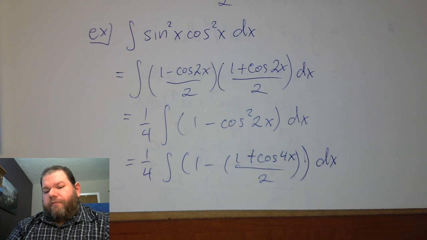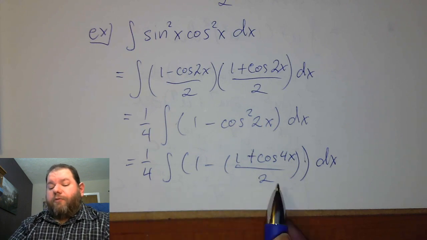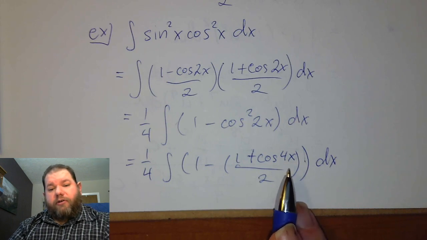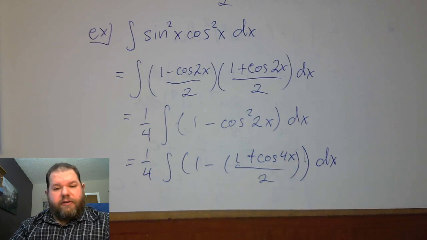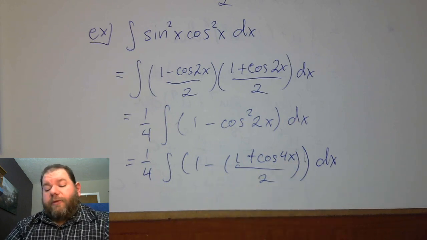Now, once we get it here, we no longer have any squares in our expression inside the integral, so we should be able to simplify and then just integrate from that point.